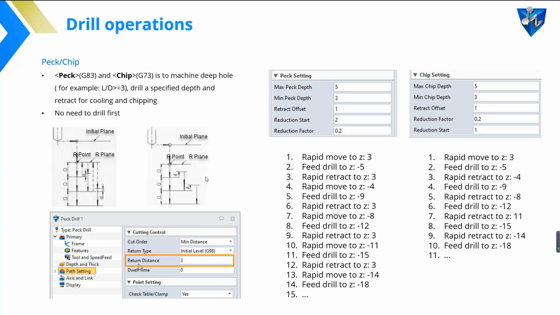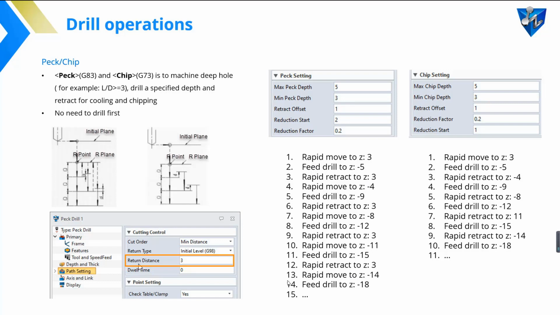But for the chip, we drill at depth and then recheck at a distance, and then we go down to another depth and then go back to a distance. As you can see, the settings are defined in the operation like peck setting and chip setting: the max peck depth, minimum peck depth, recheck offset, reduction start, and also reduction factor.